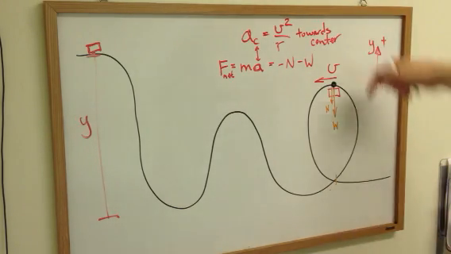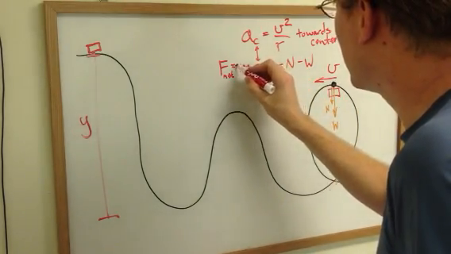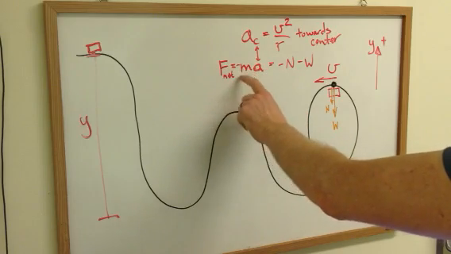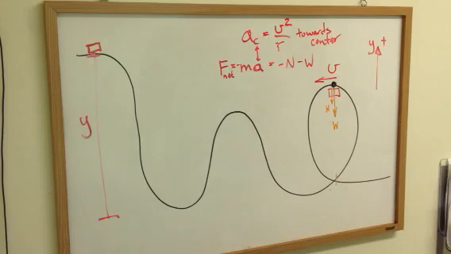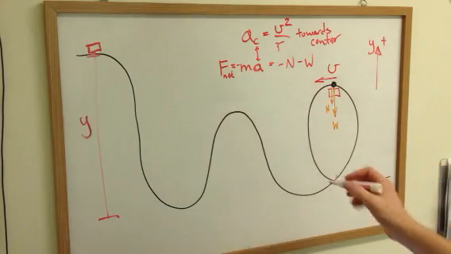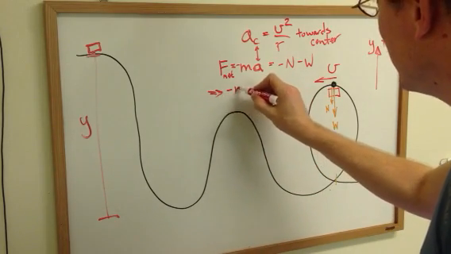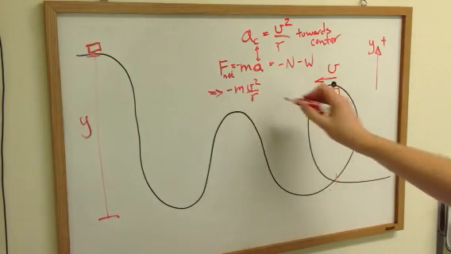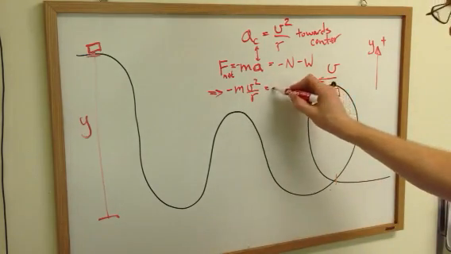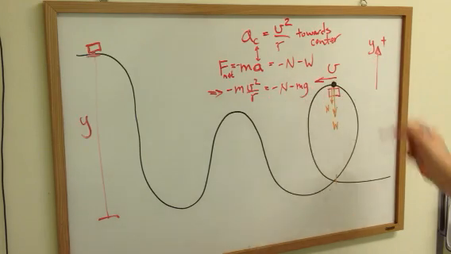So in this situation, this acceleration is also pointing down, and I'm going to put a negative sign, because the net force is downwards, because the acceleration is downwards here. So there's actually negative signs everywhere, straight across. So what we really have is negative m v squared over r. We know r, we know m, we know v squared from the original. We know negative N, the weight is mg. We know all of these things, we can solve for N.